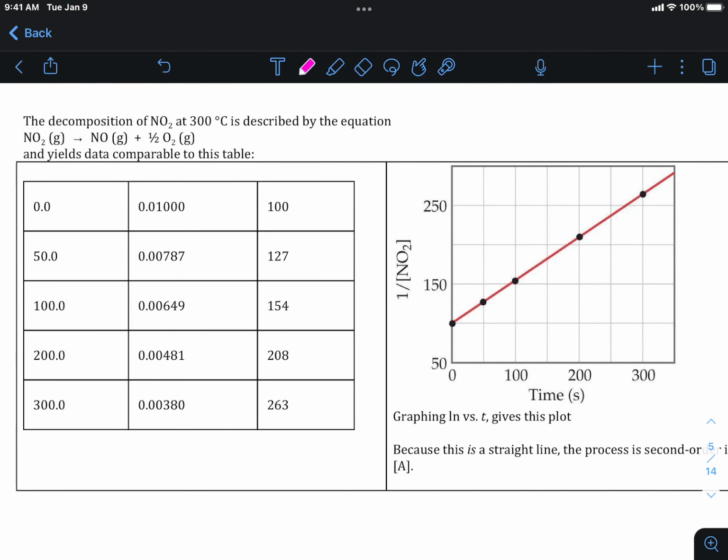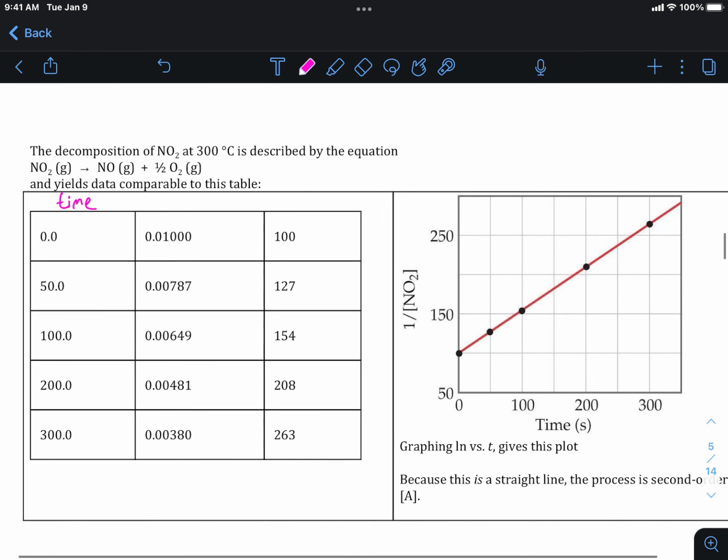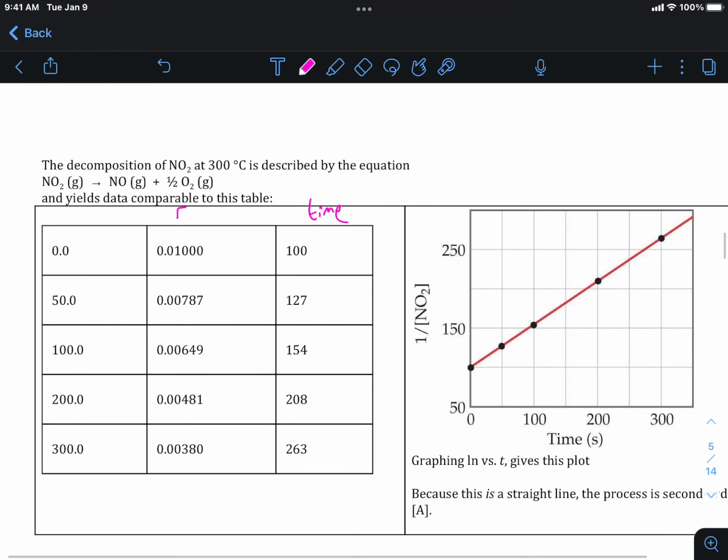In this example here, we have our time. No, sorry, that's not time. Time's over here. We got our time, and we've got our concentration.